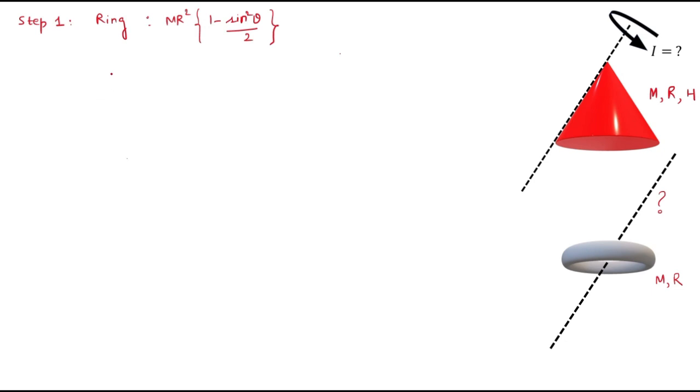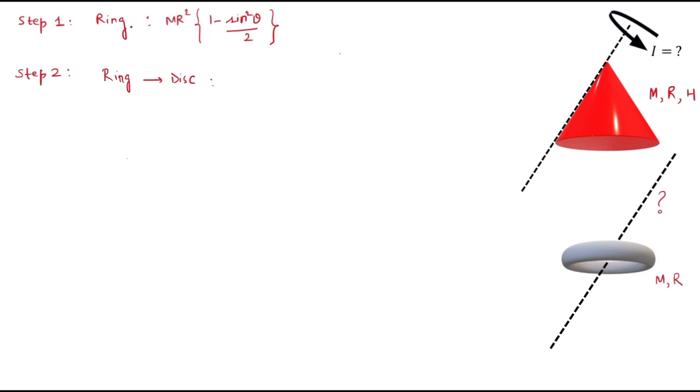Now first we'll move on to the disk. So step number 2, we will go from this to the disk. For that we'll have to integrate and take elemental rings. So let us do that.